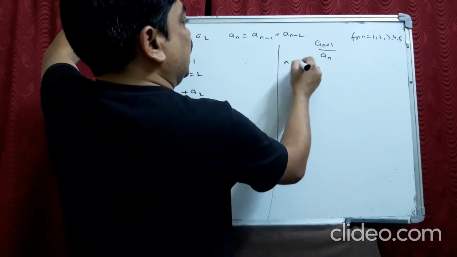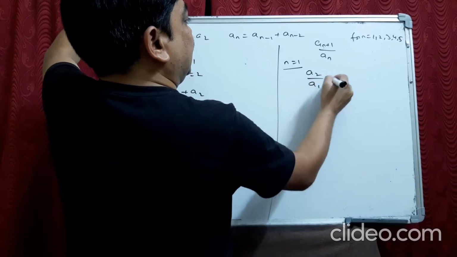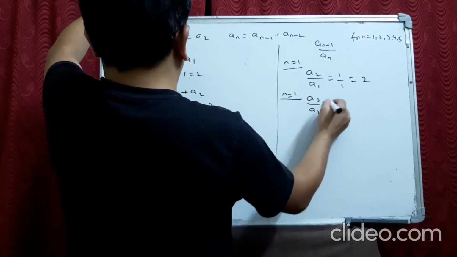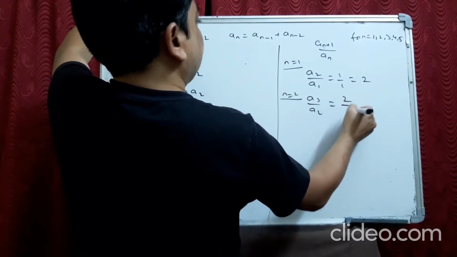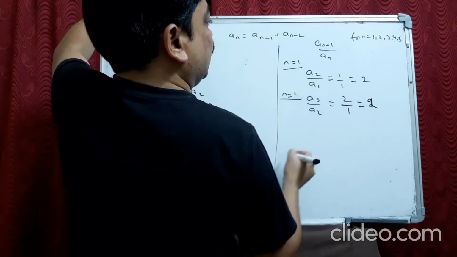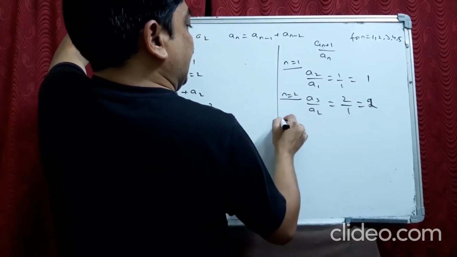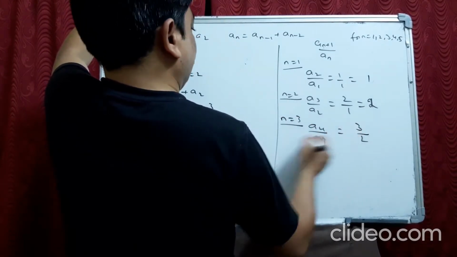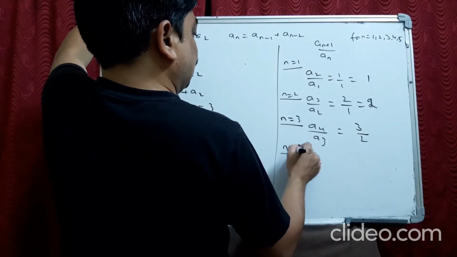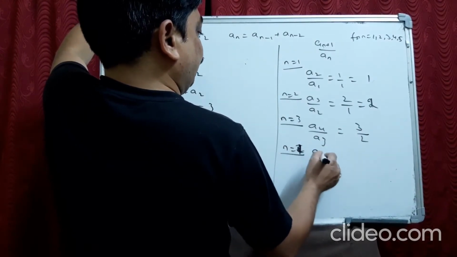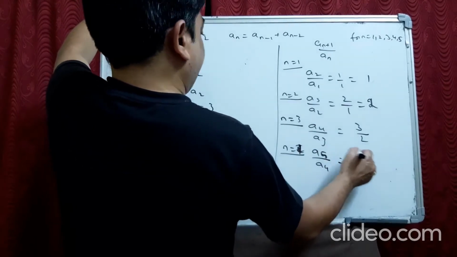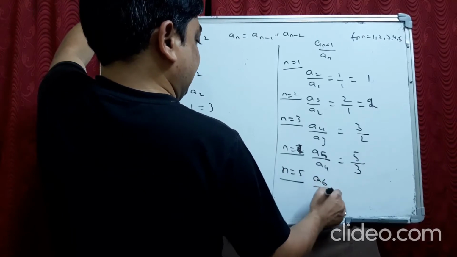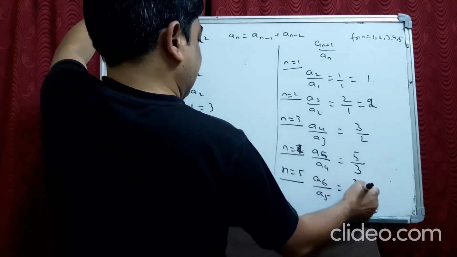So let us substitute all the values. First one, when n is 1, we need a2 by a1. That is 1 by 1, 1. n equal to 2, a3 by a2, 2 by 1, it is 2. n equal to 3, a4 by a3, 3 by 2. n equal to 4, a5 by a4, so 5 by 3. n equal to 5, a6 by a5, 8 by 5.